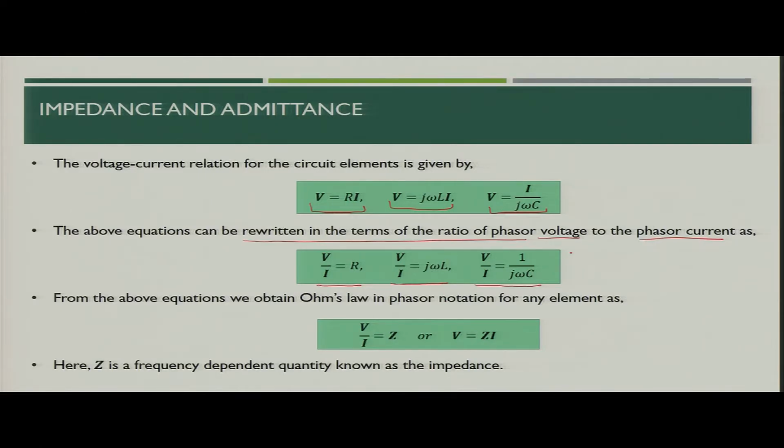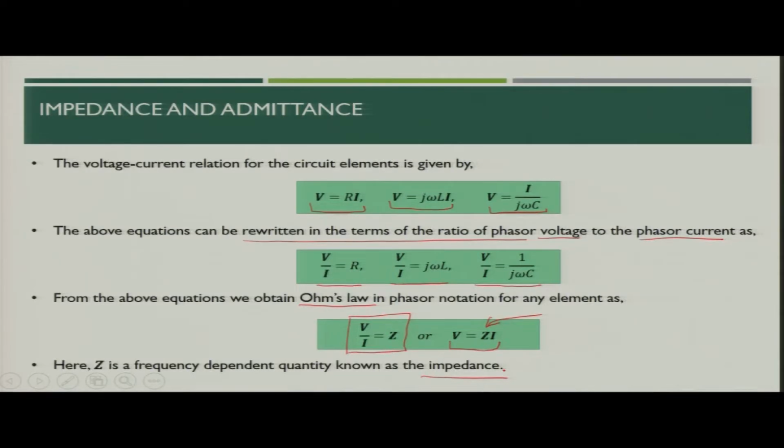Now, if you are asked to represent all three equations in a generic term, what do we write? We write V by I is equal to Z, and this follows Ohm's law, or alternatively V is Z into I. Here Z is a quantity which is called impedance.